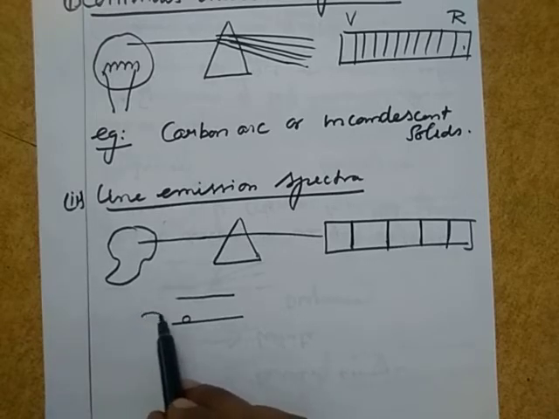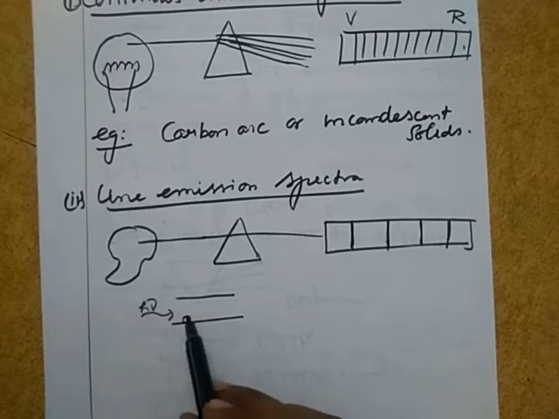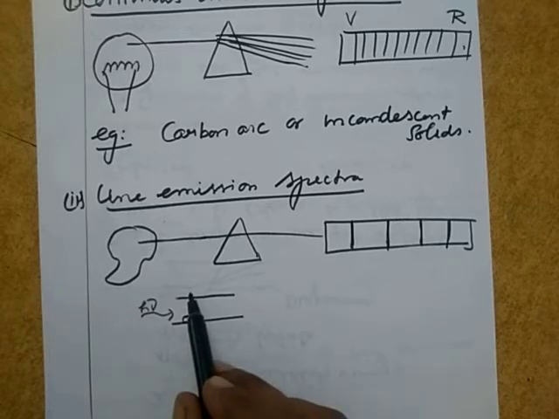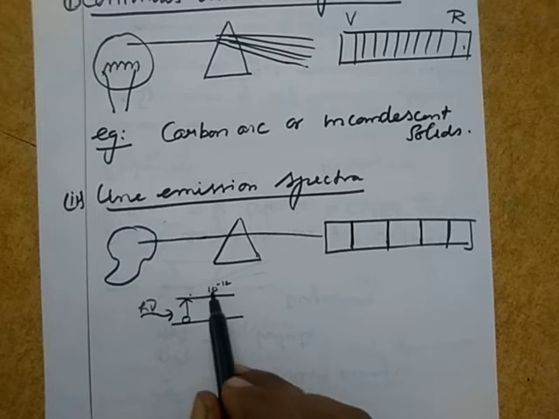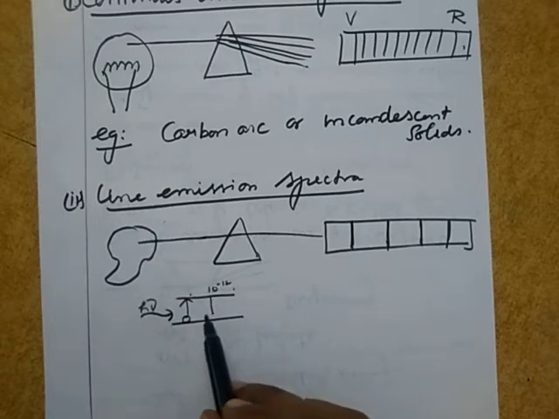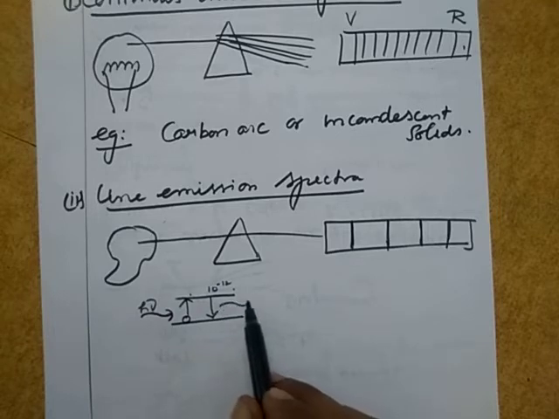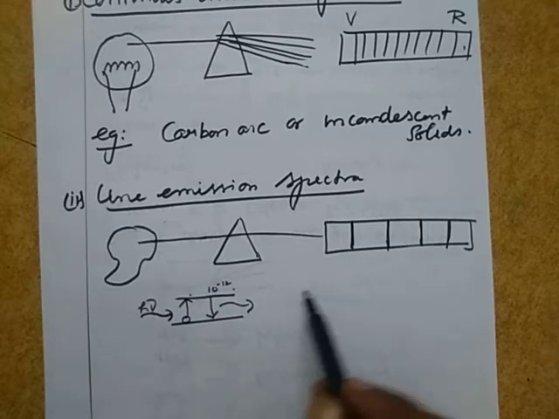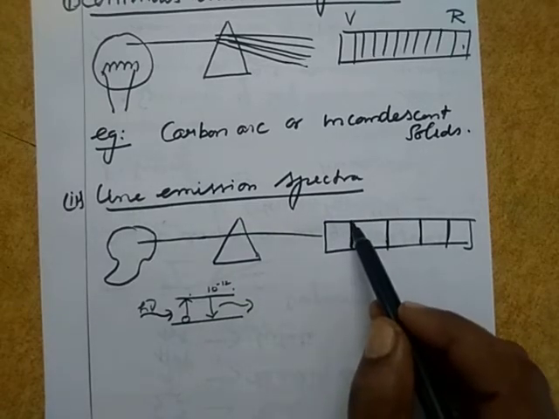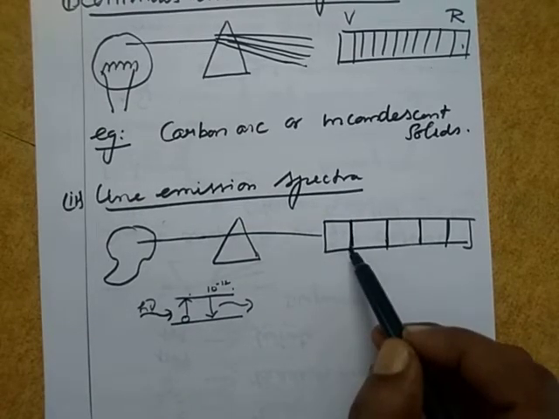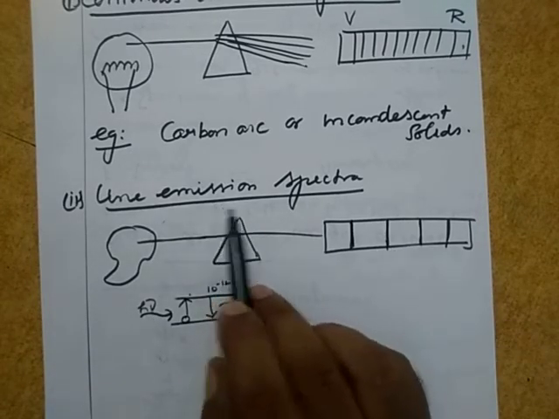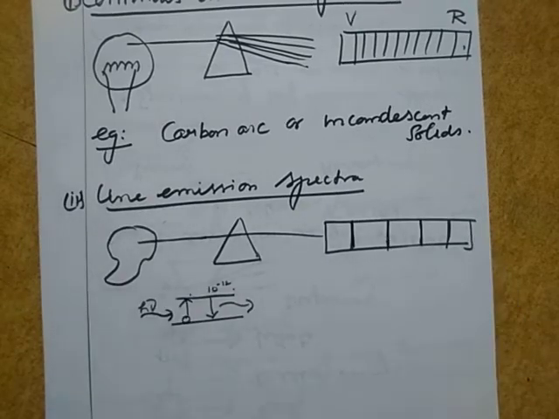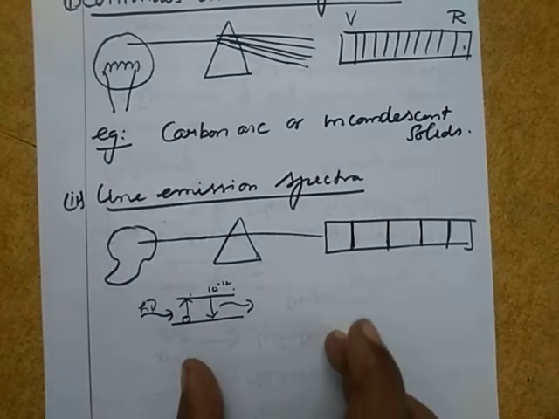Then I apply energy, and by absorbing this energy it gets excited to this state. After 10 to the power minus 12 seconds, it will transit to its original state. At that time it will emit the energy. These spectral lines have energy equal to the gained energy. This is known as line emission spectra, which arises due to excitation of atoms in the element.